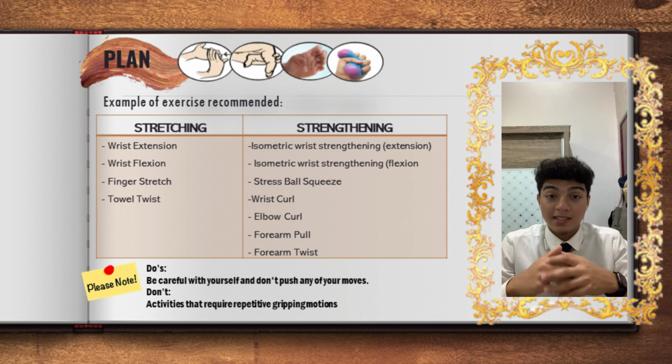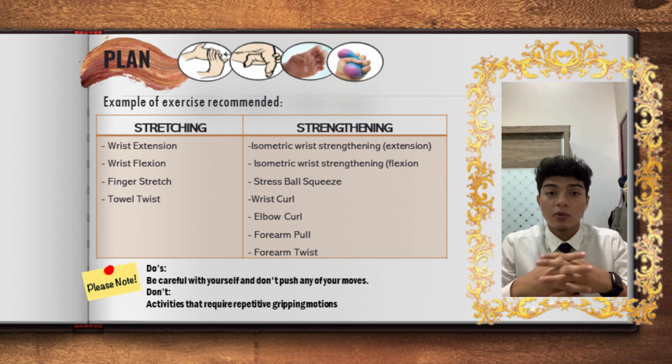Perform this kind of exercise before and after any stressful or strenuous activity. Be careful with yourself and don't push any of your moves while practicing. You may feel some itching and discomfort, but it should not be severe.